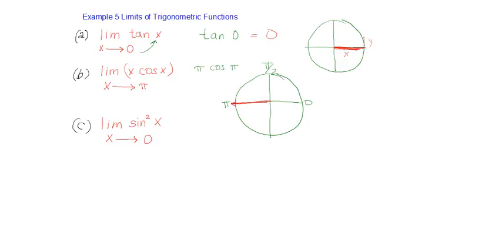So what is the cosine of pi? In the unit circle, all the radiuses are 1. So we have a minus 1 here, because cosine is adjacent over hypotenuse. So adjacent is x, but it's on the minus side, so it's minus x. And hypotenuse in this case is the same thing.